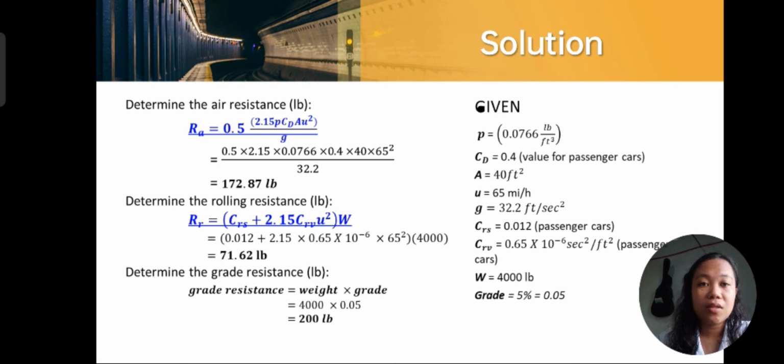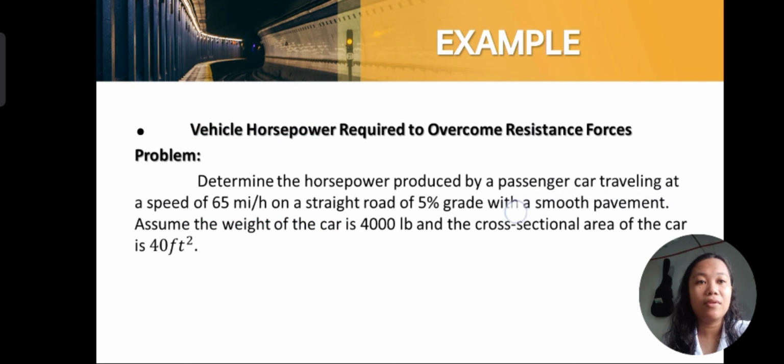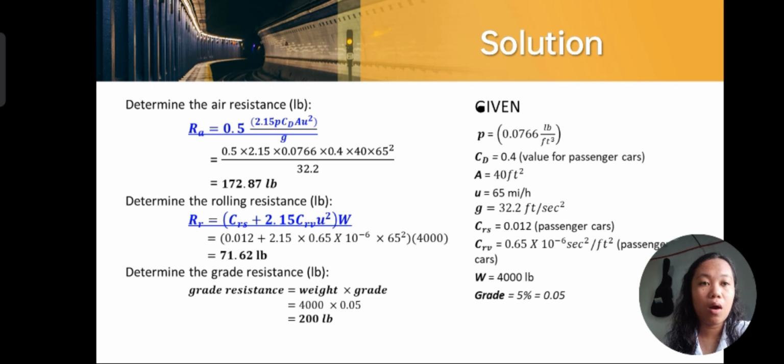Let's move to the determination of rolling resistance, which is given by the formula R sub R equals the quantity C sub Rs plus 2.15 C sub RV U squared, multiplied by W. As you can see, this formula for the rolling resistance is the formula for the passenger car, since in the problem it is the passenger car that's traveling. The C sub Rs is also a constant for the passenger car, which is 0.012.